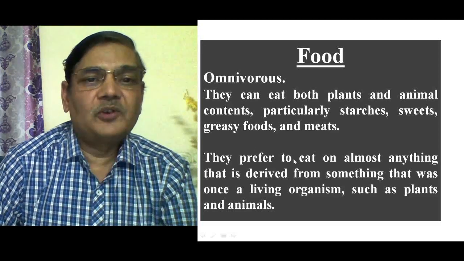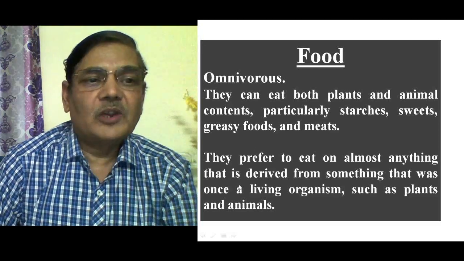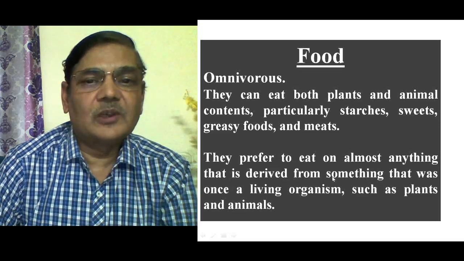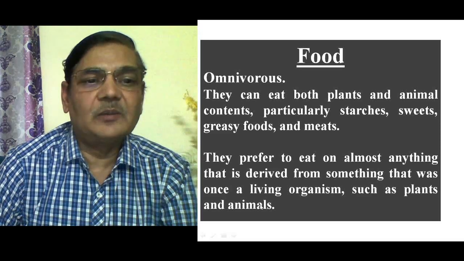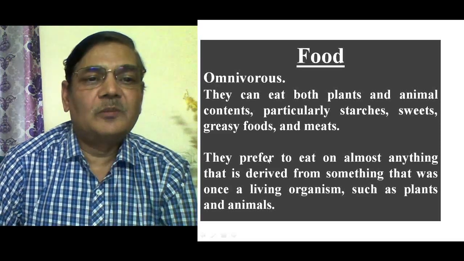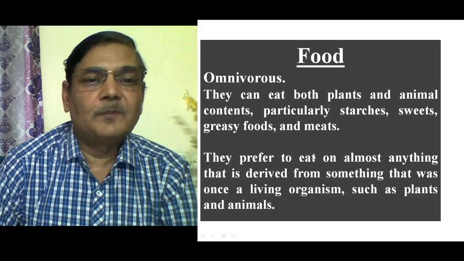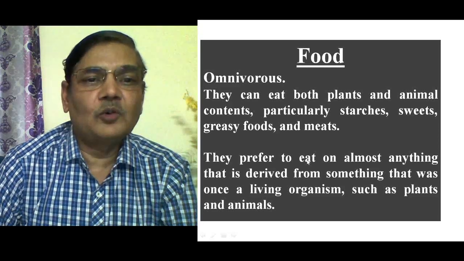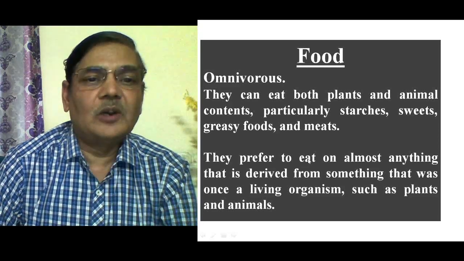They also prefer to eat almost anything that is derived from something that was once a living organism such as plants or animals. So that is why I'm telling you that organic materials are the food of these animals. They are found in dark tunnel areas, and whatever organic content is available over there, that forms the food of cockroaches.